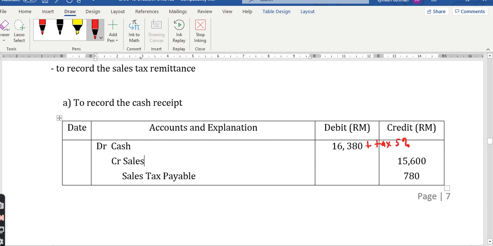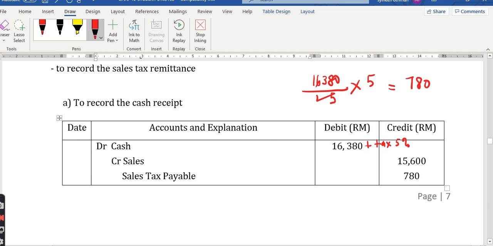It is actually 16,380 divided by 105, because 100% is your sales and 5% is your tax, and then you times 5. So you get your tax as 780.